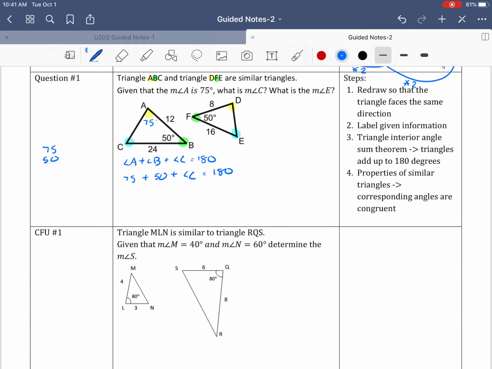If we do 75 plus 50, we get 125, and then we do 180 minus 125, and we get the measure of angle C equal to 55 degrees. Now, if we look right here, we can see that angle C and angle E are corresponding angles. So we know that the measure of angle E should be congruent, or also 55 degrees.